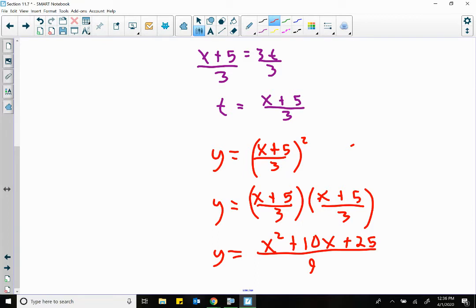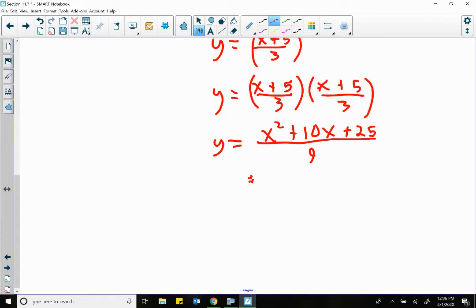And right there is a rectangular equation. Although what they like to do is separate these out into their 3 fractions. So they like to write this as 1/9 x squared, because there's a 1 in front of the x, and you put that 1 over the 9, plus 10/9 x, and then plus 25/9, which makes sense because our graph was a parabola.